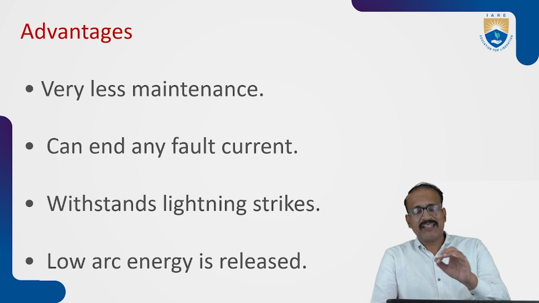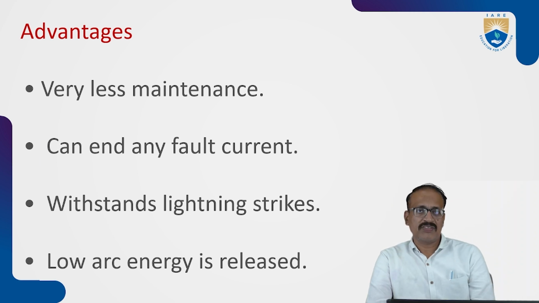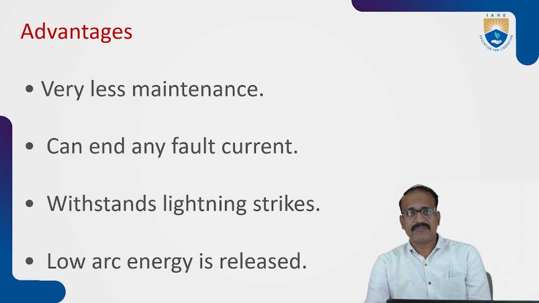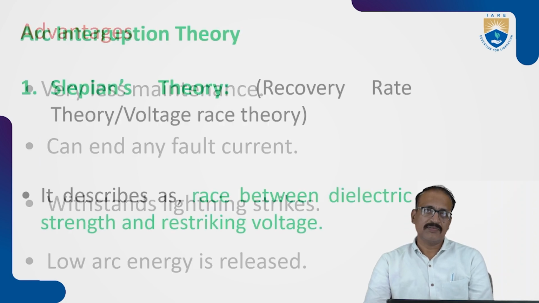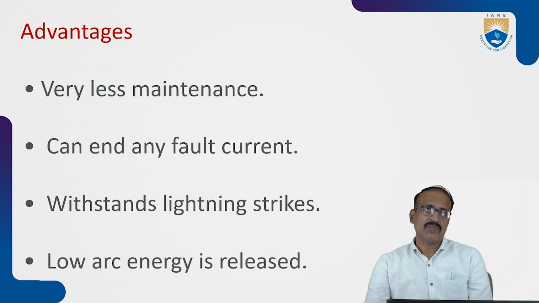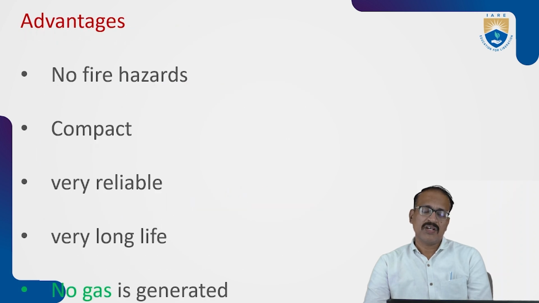It can even withstand lightning strikes. So low arc energy is released. Generally during arc extinguishing, energy is released, but here the lowest arc energy is released. Okay, so these are the advantages.